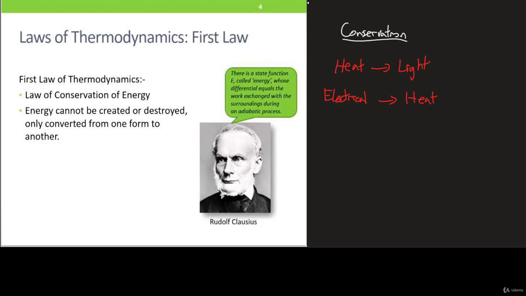So this is what we mean by transformation, conservation of energy. The left-hand side values must be equal to the right-hand side. In other words, you cannot create energy out of nothing, or destroy energy. They can only be transformed from one form to the other. That's the first law of thermodynamics.